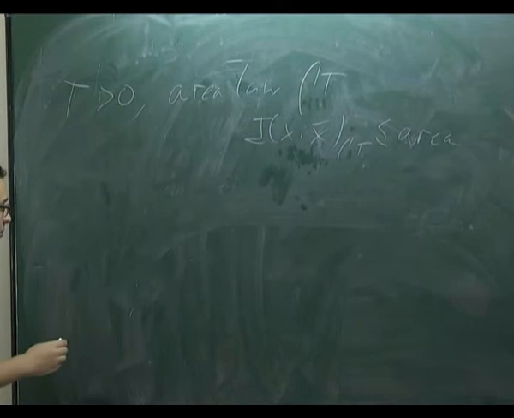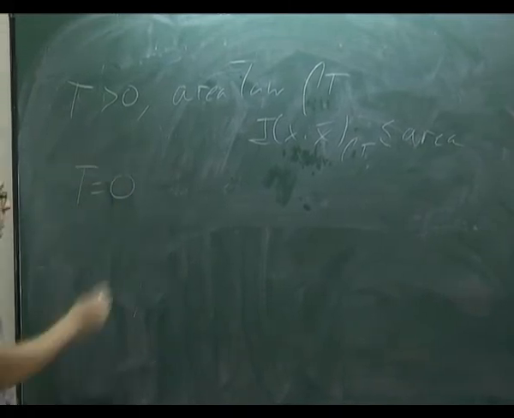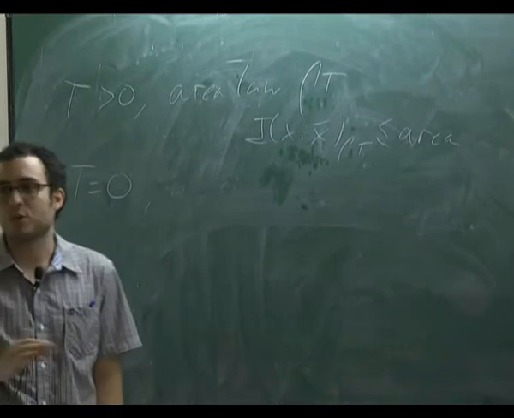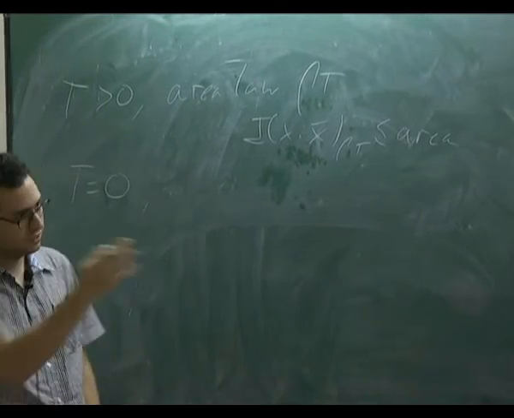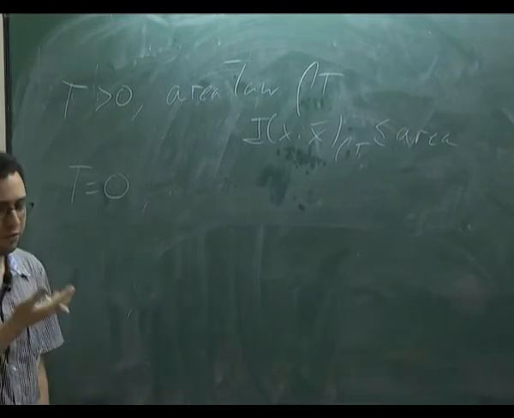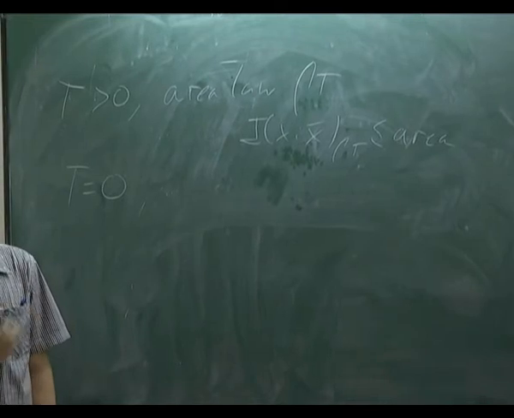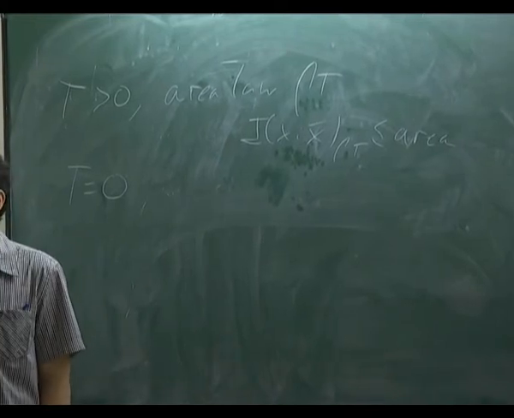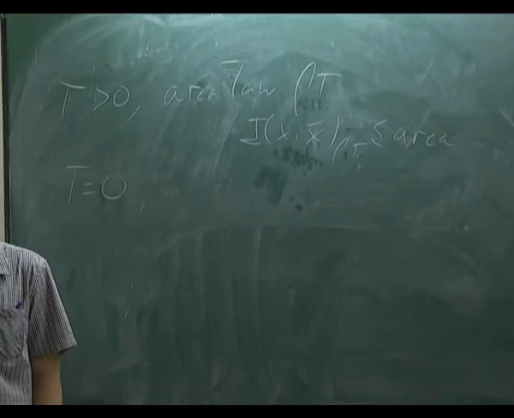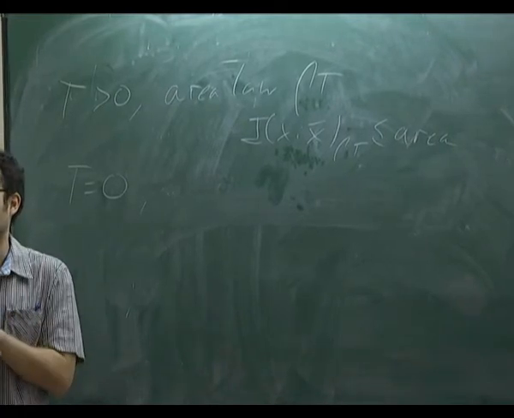This is one thing. Then we studied temperature equals 0, and here, for one dimension, we know many things. First, there was the original result by Hastings, which proves an area law whenever you have a gap in the Hamiltonian. So the ground state has an area law. And then what I showed you in more detail is the result that it's enough to suppose that the state has a correlation length.